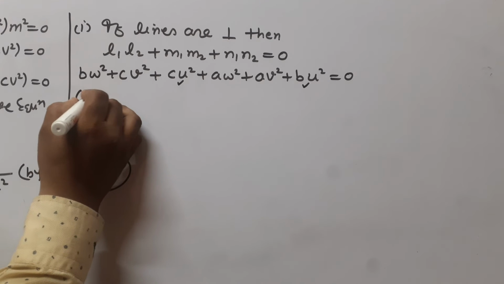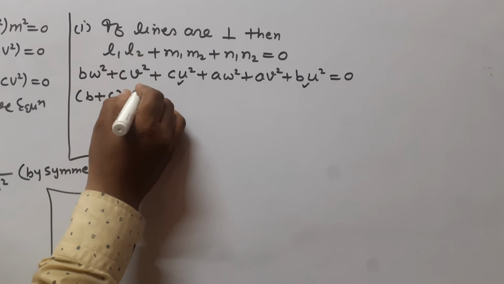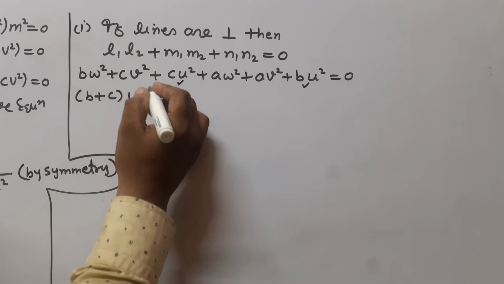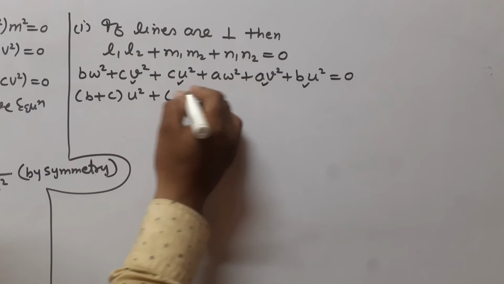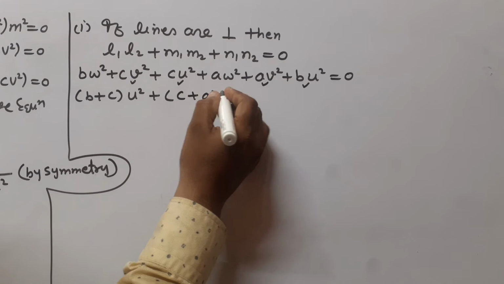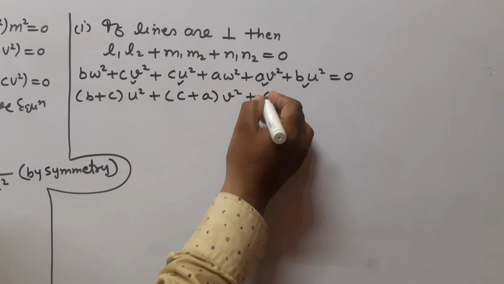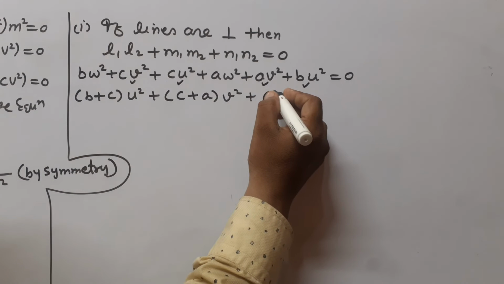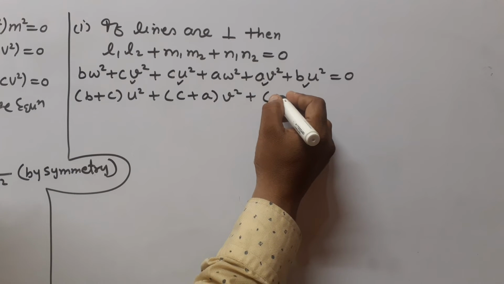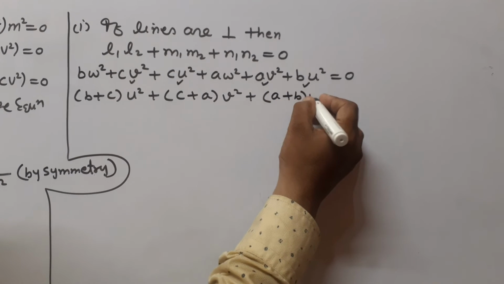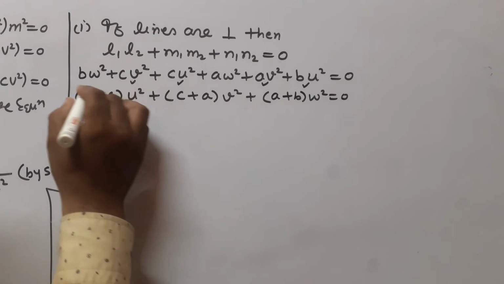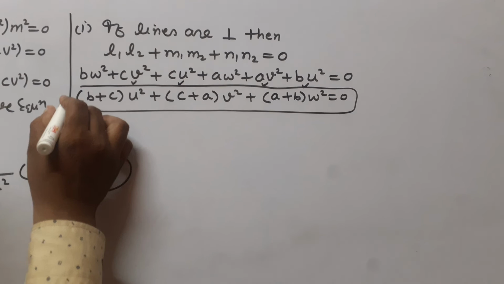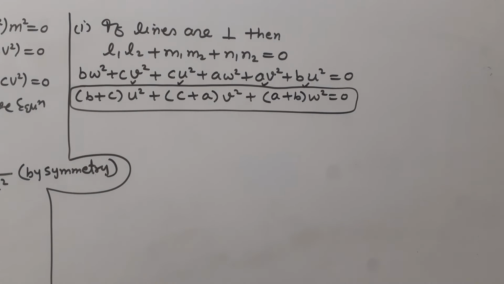So we get B plus C U square. Now we take common V square, that is C plus A V square, and now we take common W square from these two terms. So we write A plus B W square. So this is the condition if two lines are perpendicular.